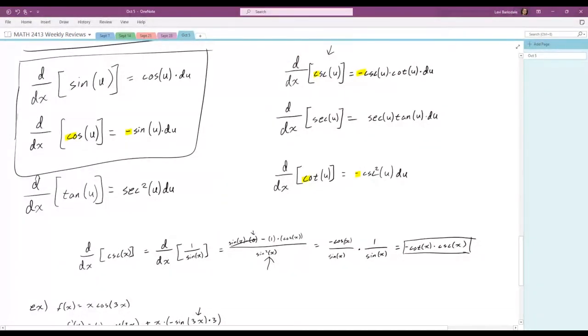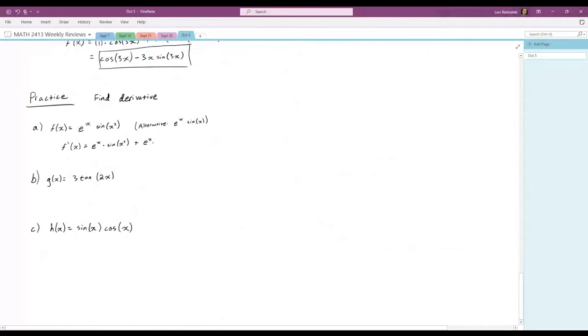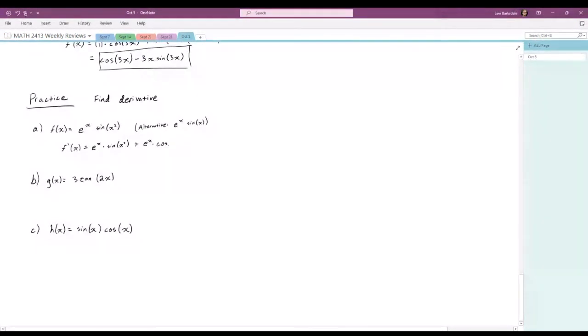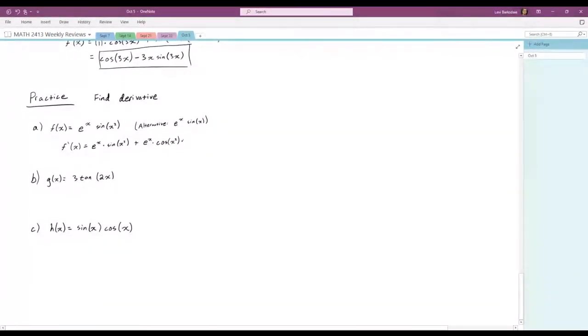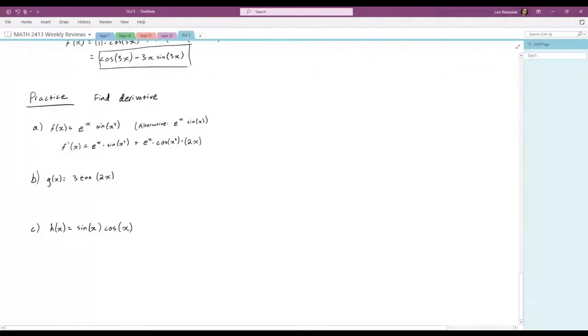The derivative of sine is cosine multiplied by the derivative of whatever's inside. So the derivative of sine of x squared is cosine of x squared multiplied by the derivative of the inside. So the derivative of the inside is the derivative of x squared. Derivative of x squared is 2x.